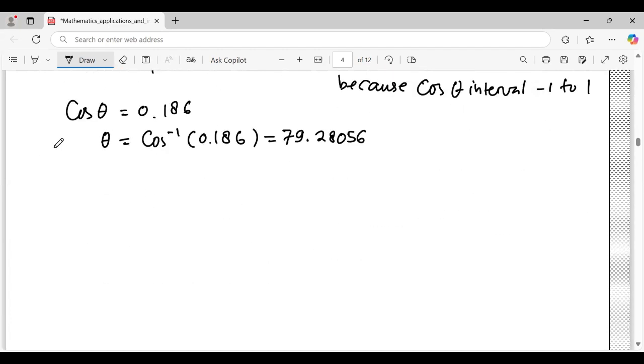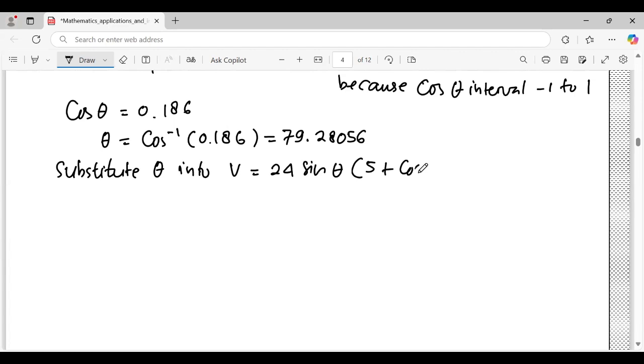Now substitute this theta into the volume equation, phi equals 24 sine theta times (5 plus cosine theta).